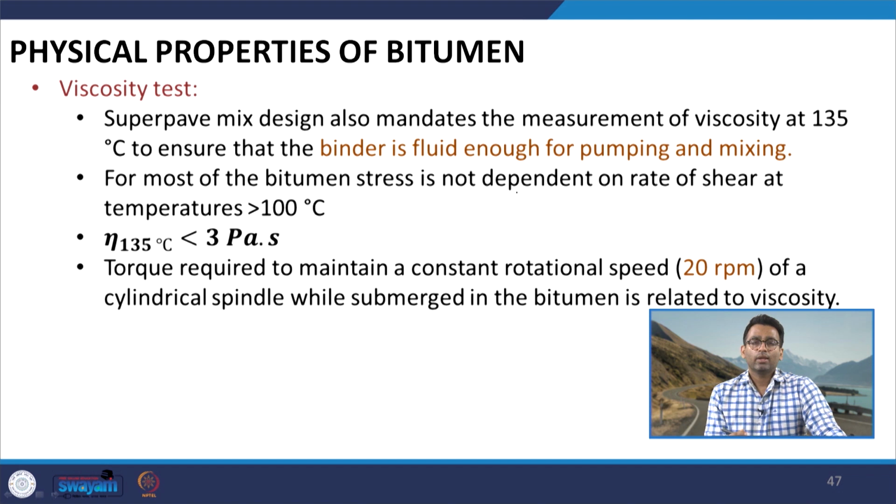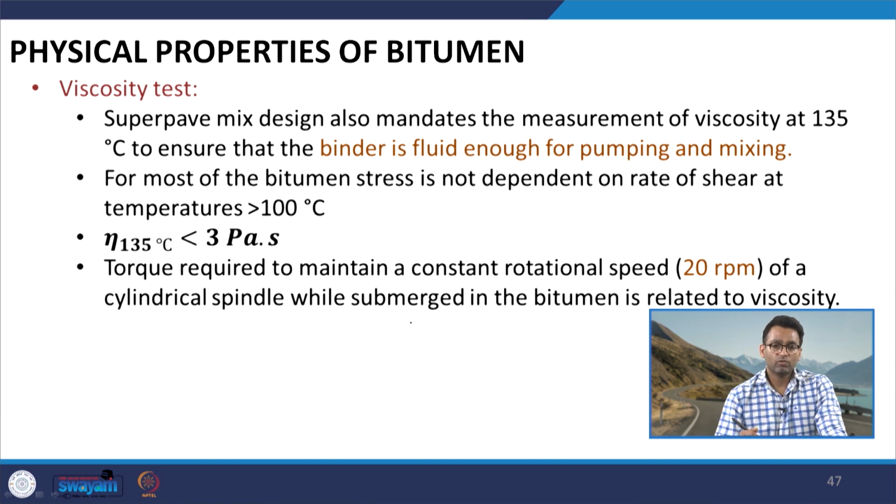Moving on, there are other methods available to determine the viscosity of the bitumen at elevated temperatures. The capillary viscometer has some difficulty when we test modified bitumen or crumb rubber modified bitumen.